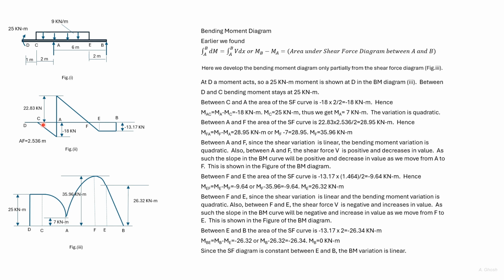So the area between C and A is minus 18. Using this formula, we get MAC is equal to MA minus MC, which is equal to minus 18. Now MC is 25, so we get MA is equal to 7 kilonewton meter.